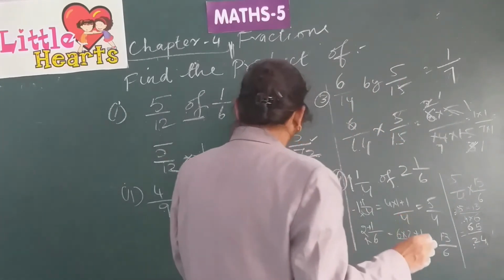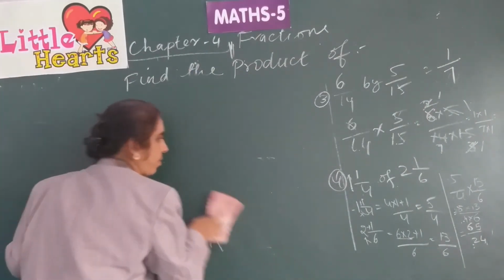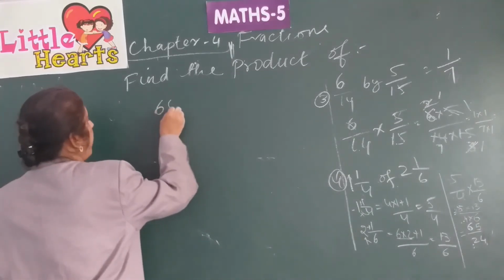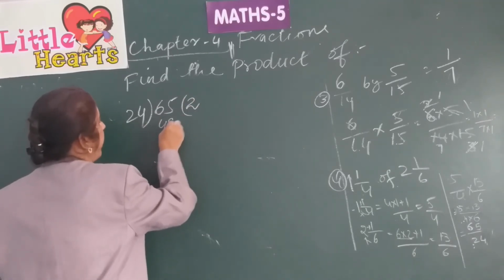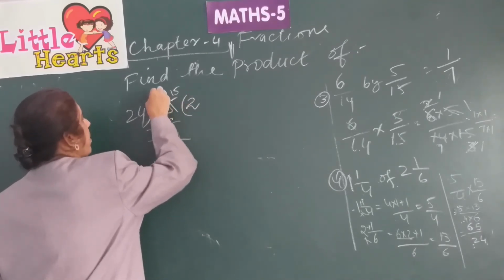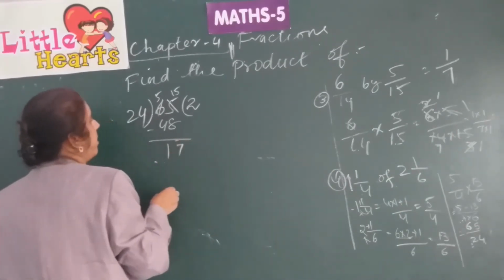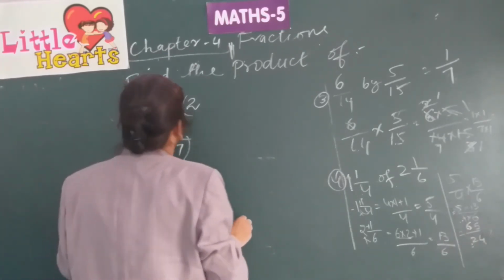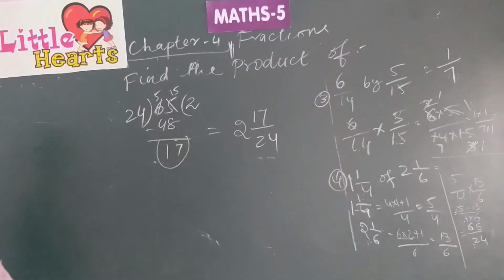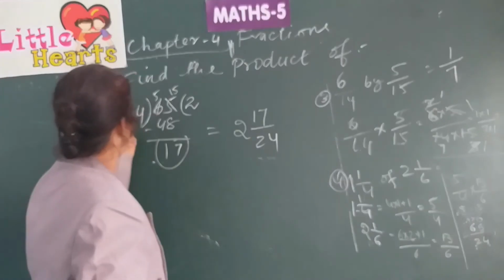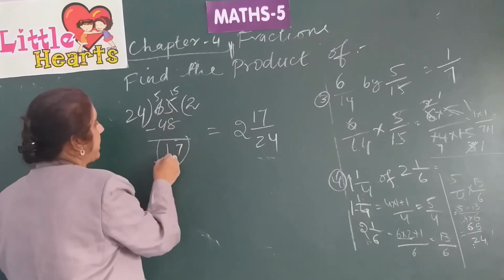Now change this 65 by 24 into a mixed fraction. 24 twos are 48. 65 minus 48 is 17, the remainder. So the final answer is 2 17 by 24.